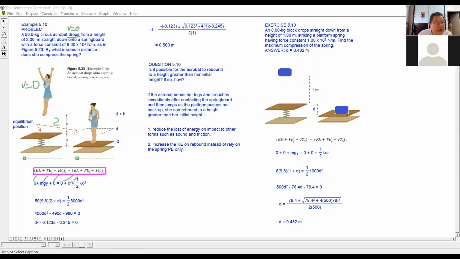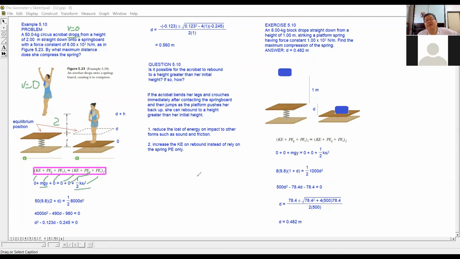Final gravitational potential energy, zero, because we assume that the bottommost position is the zero position. Then at this position here, the spring is also compressed, so there is spring potential energy. So now looking at this equation, we only have two terms. First one, gravitational potential energy.